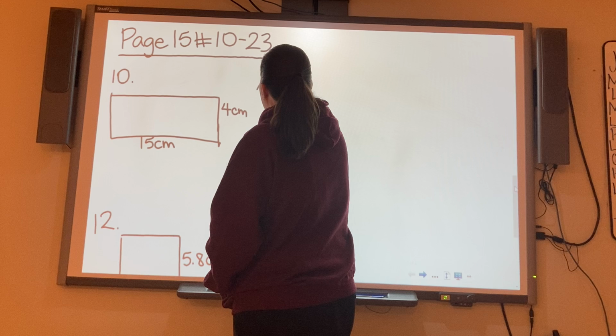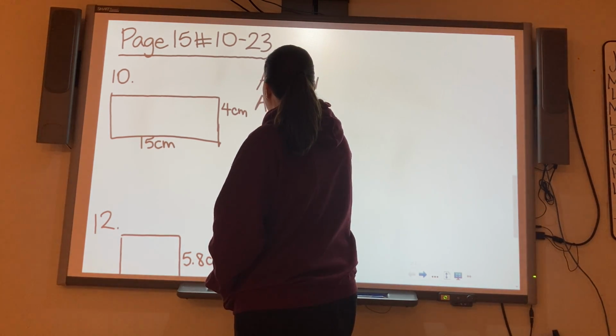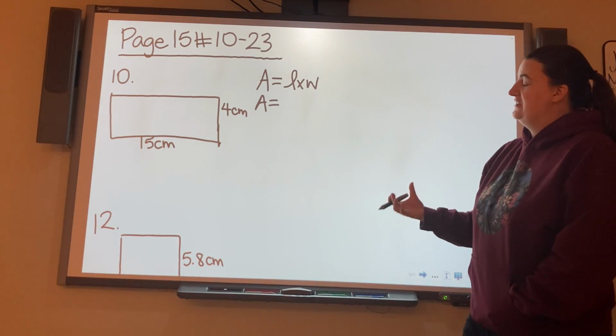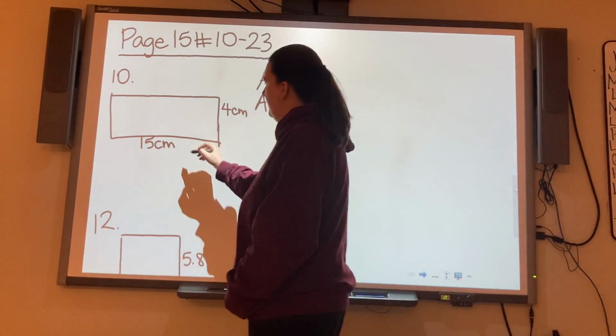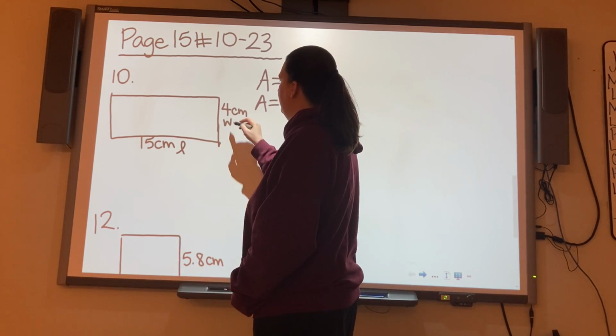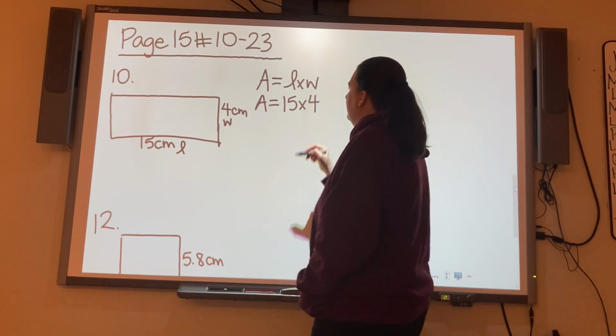So A equals L times W, A equals, let's replace the L and the W with how much they are. The L is 15, it's the long one. The W is 4. So 15 times 4.